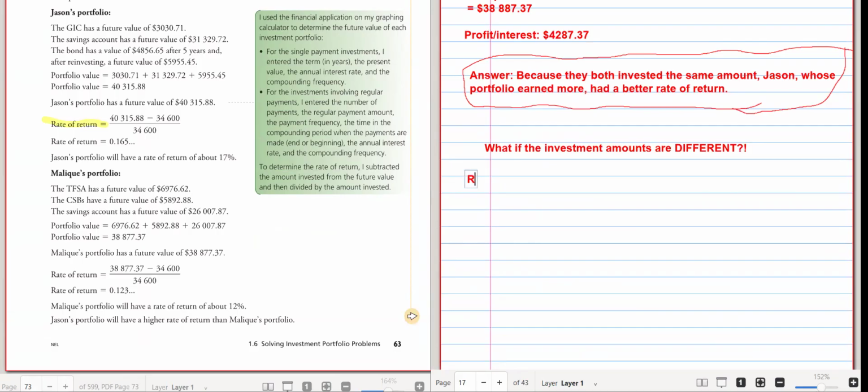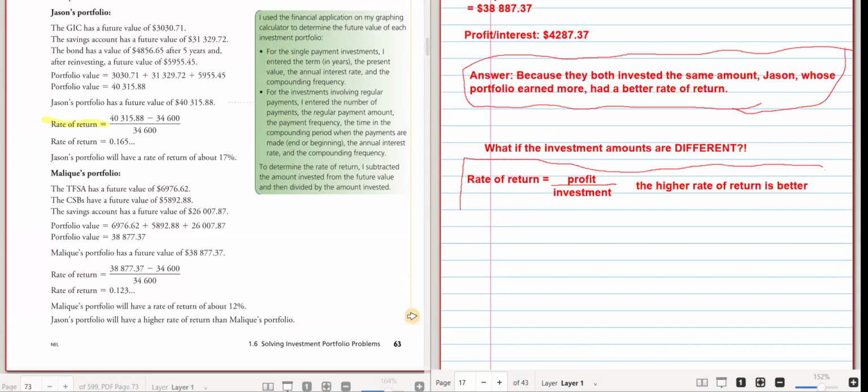Basically, rate of return is equal to your profit, because that's what this is here, divided by your investment. This is the earned, this is the invested. It's as simple as that. Take your profit, divide it by the investment. The higher rate of return is better.